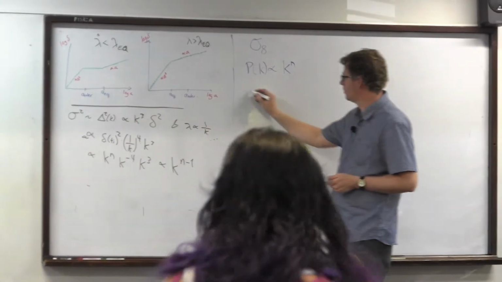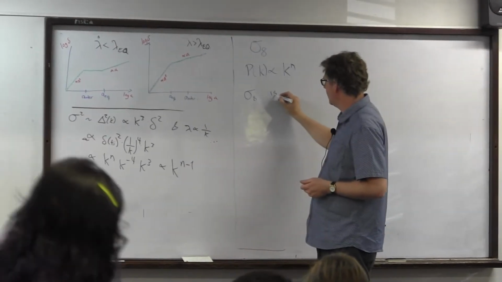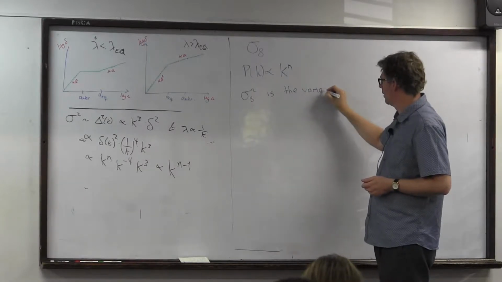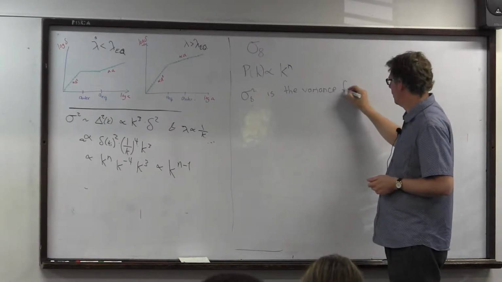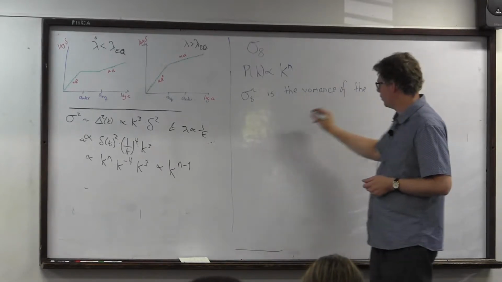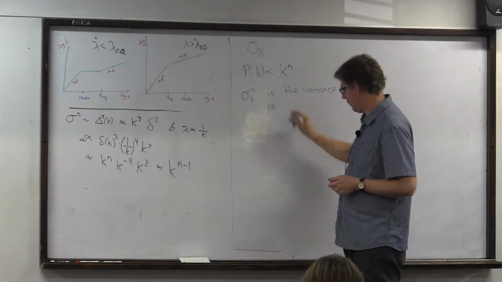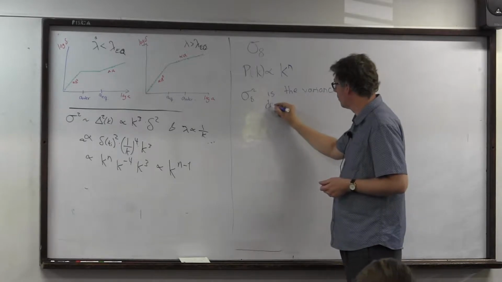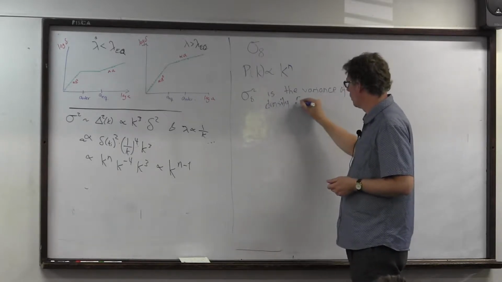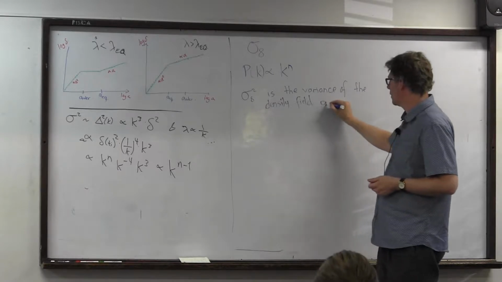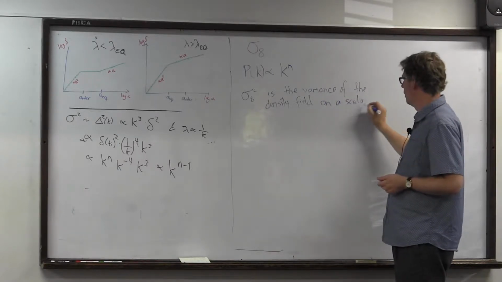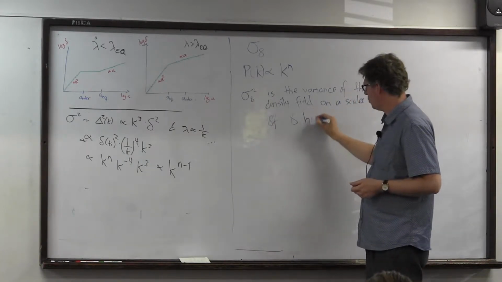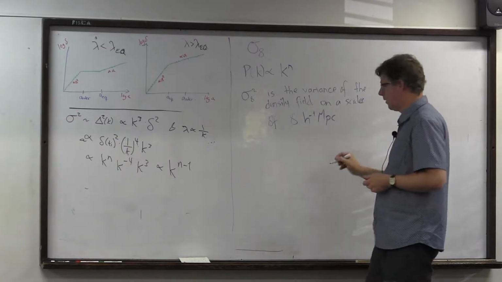Sigma 8 squared is the variance of the density field on a scale of 8 h to the minus 1 megaparsec.